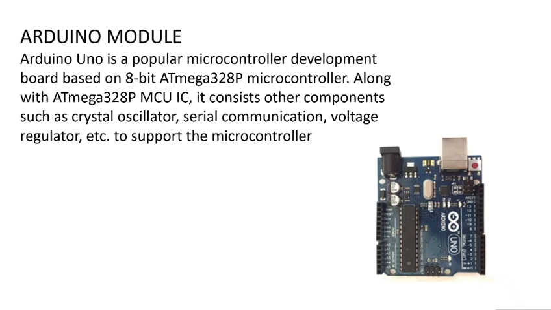Along with the ATmega328P microcontroller IC, it consists of other components such as crystal oscillator, serial communication, voltage regulator, etc. It supports many other components also. Here are the analog pins and the digital pins. This is the ATmega328P microcontroller, and this is the Arduino Uno board.